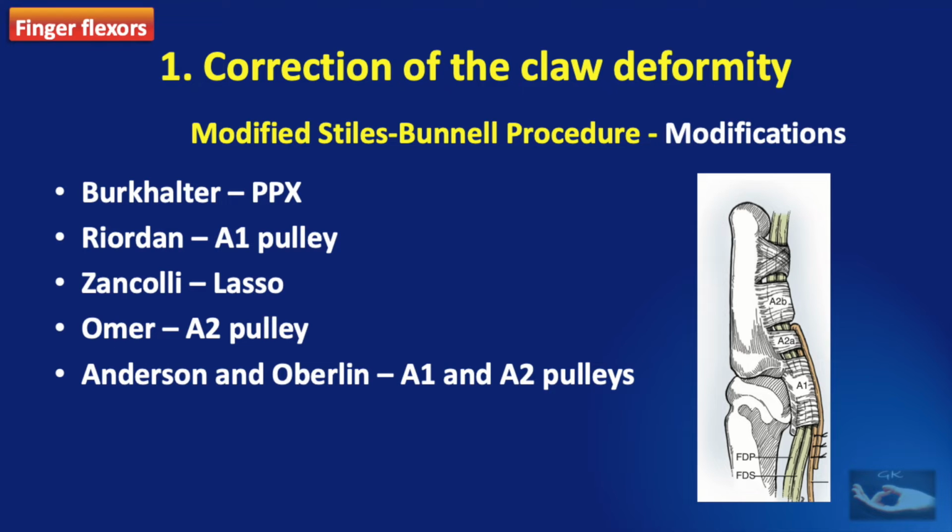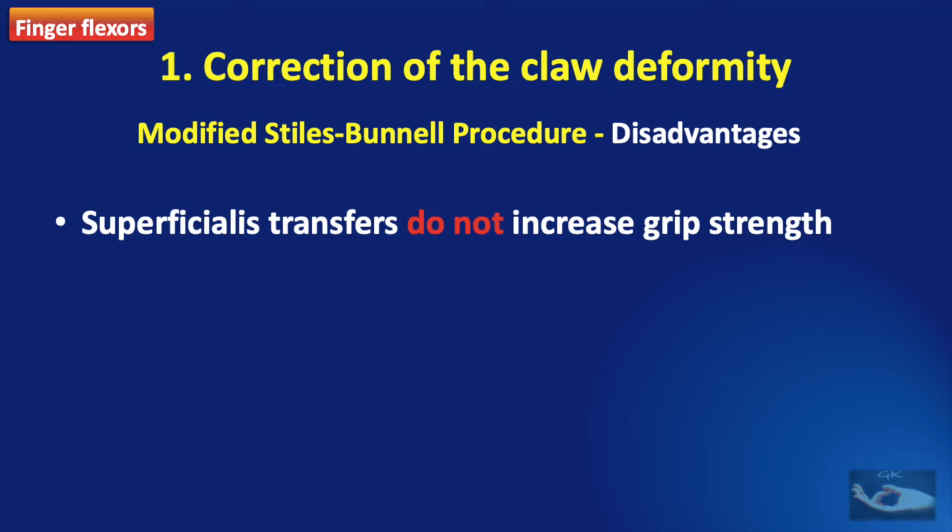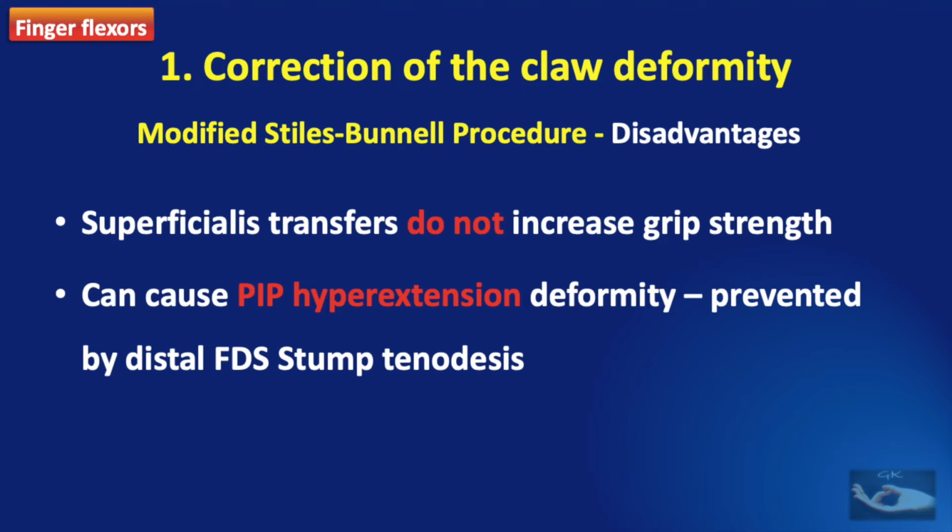A1 and A2 pulleys. The disadvantages of the modified Stiles Bunnel procedure are that the superficialis transfers do not increase the grip strength of the hand, and they can also cause a proximal interphalangeal joint hyperextension deformity due to the removal of the FDS.